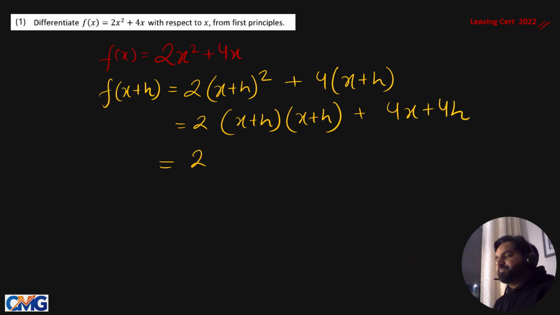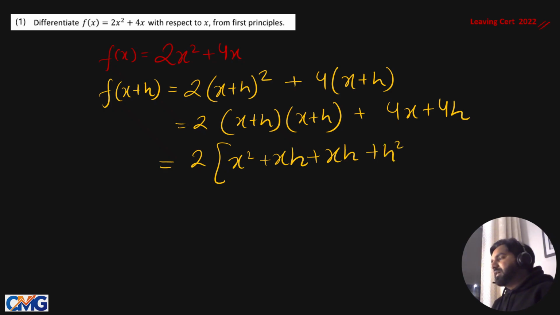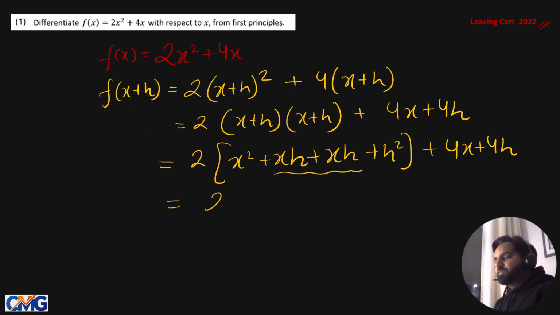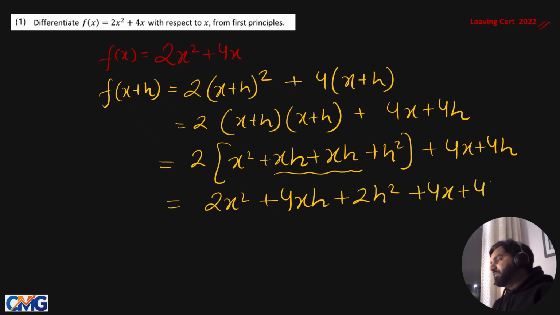Now if you multiply, this becomes x square plus xh plus hx plus h square, plus 4x plus 4h. Now if we multiply by 2, this becomes 2x square. Now 2 times 2xh, this will become 4xh plus 2h square plus 4x plus 4h.